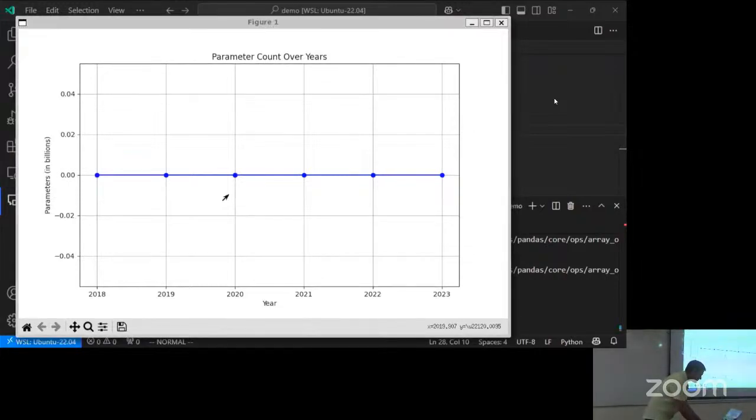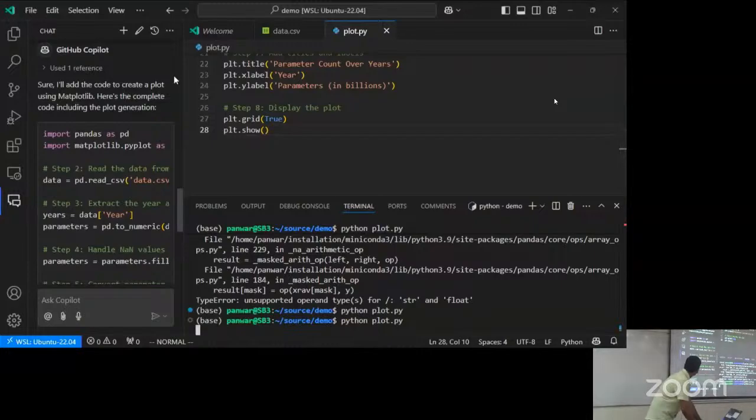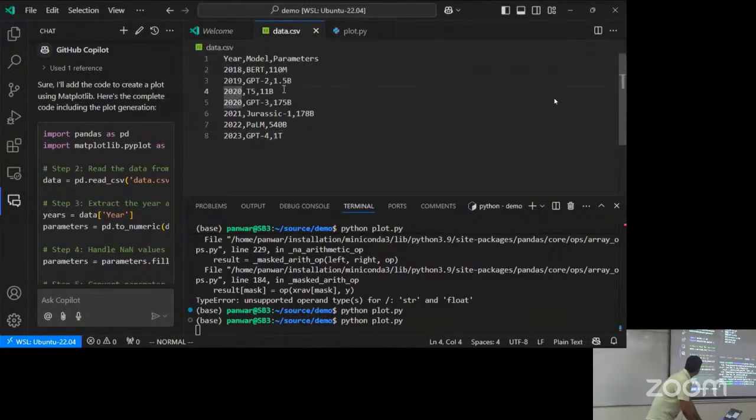I'm not sure this is aligned with the data. As you can see, I'm totally unprepared for this demo. So this is not going well.